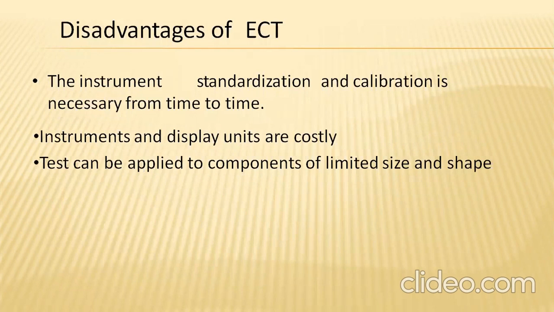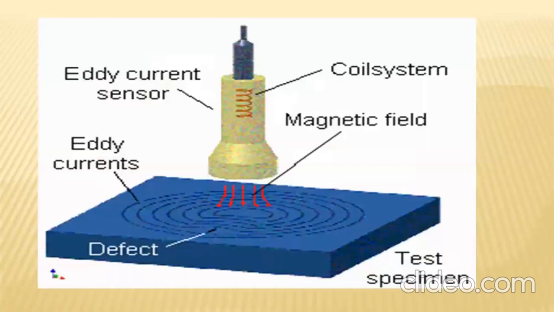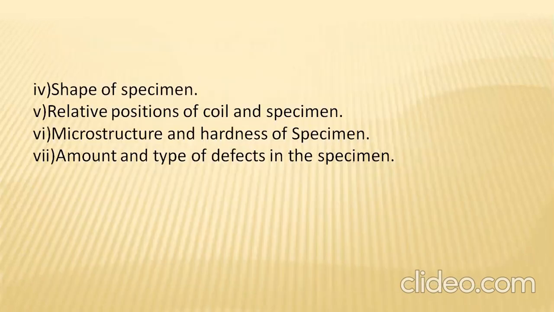Coming to the limitations of this process, the unit cost or instrument cost is very high from an economical point of view. And equipment with the highest thickness cannot be identified in this testing methodology, eddy current testing.